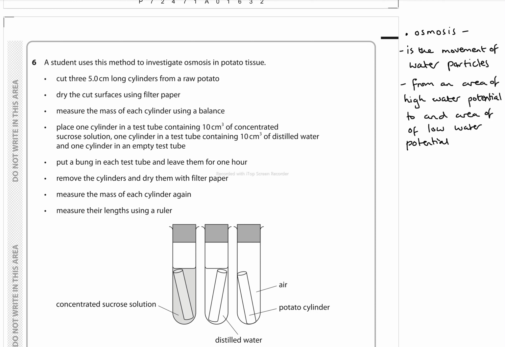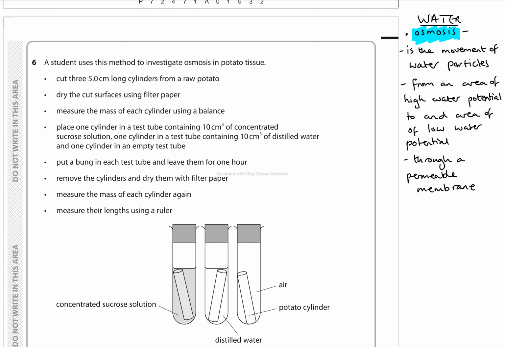Normally people write from an area of high water concentration to an area of low water concentration through a permeable membrane. And that's it. So whenever you've got water and it's diffusing, think of the word, and they like to see this word.